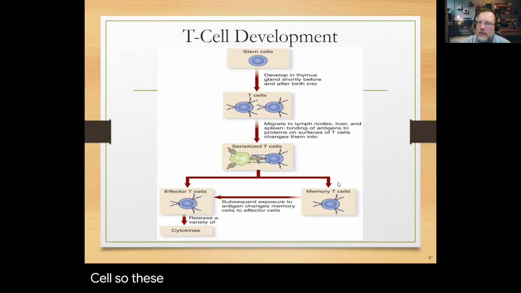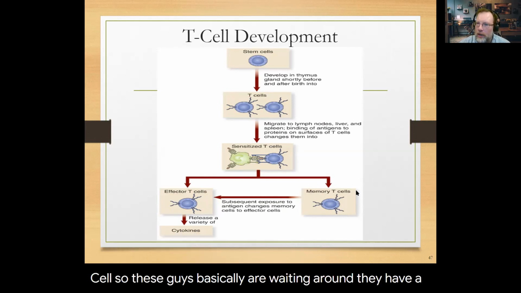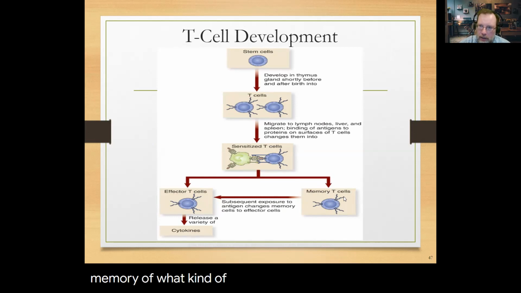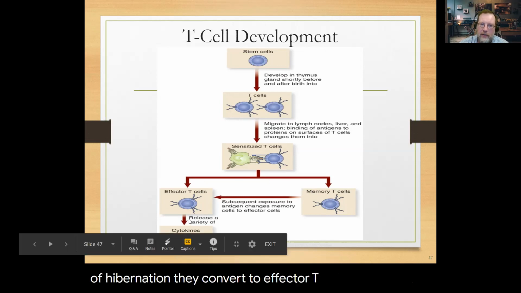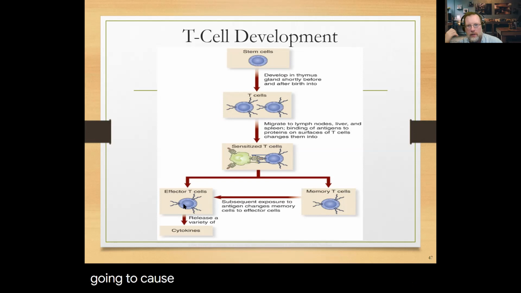So these guys basically are waiting around. They have a memory of what kind of pathogen they're able to destroy. And once the body triggers the memory T cells to come out of hibernation, they convert to effector T cells, and they're going to plug into the virus or the bacteria.